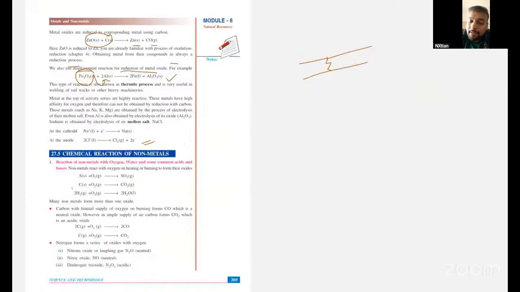We take a powder of Fe2O3, which is iron oxide, and we heat this powder in the presence of aluminium.